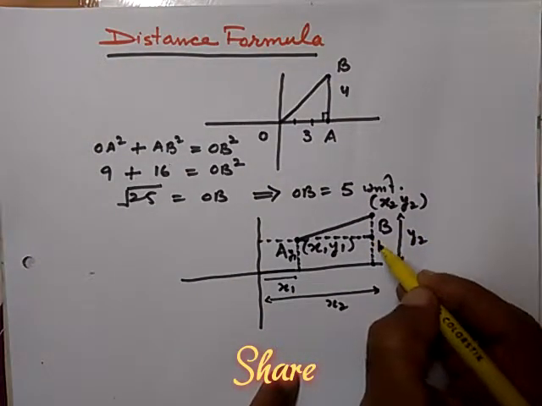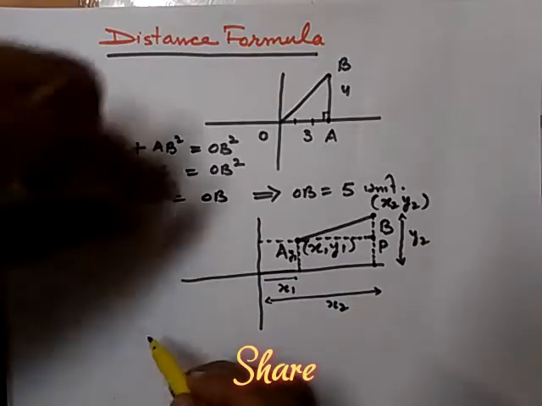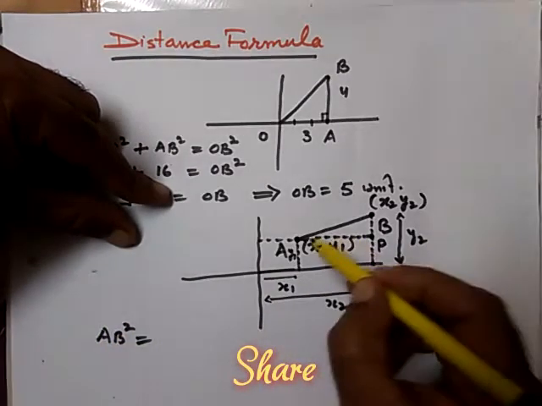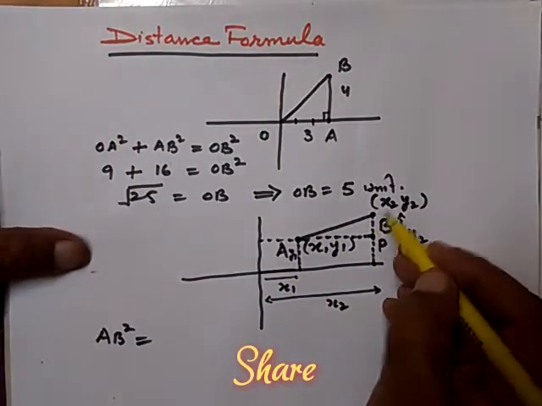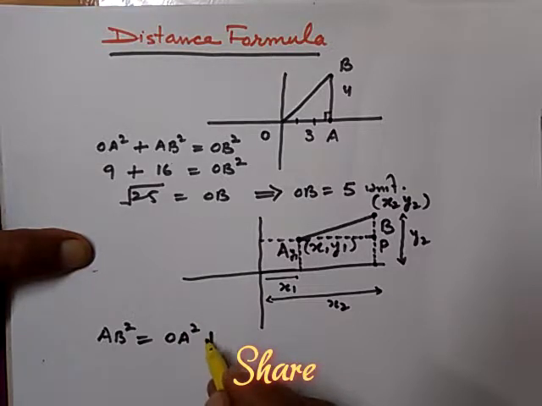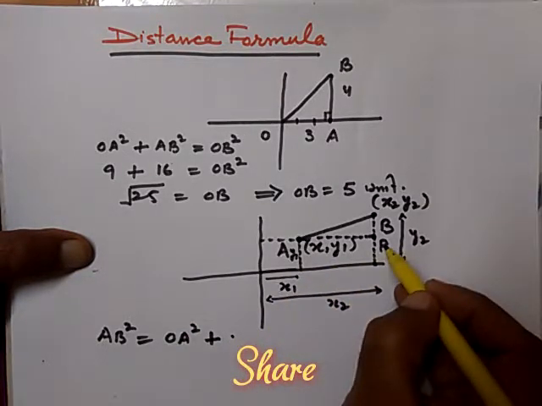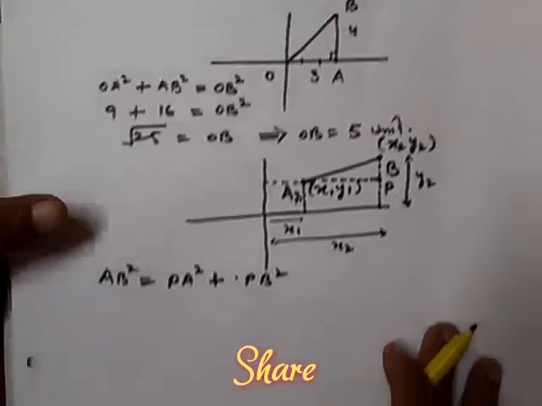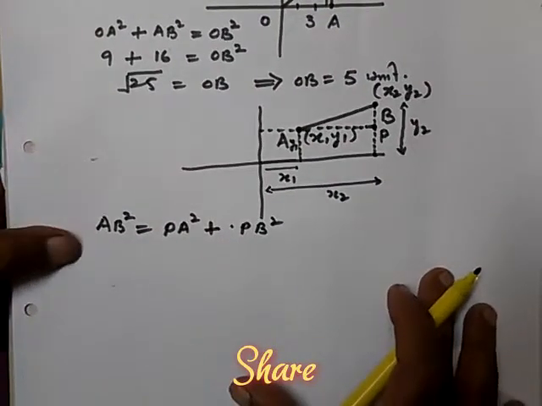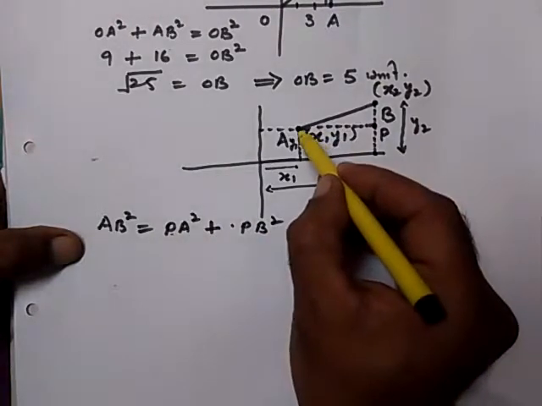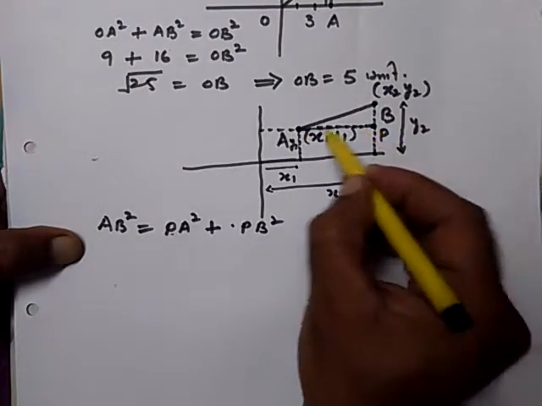Name this point as P. You will say that AB square, that is the hypotenuse, the longest side, is equal to PA square plus PB square, in this way. Now what is required? You need the length of line segment PA.